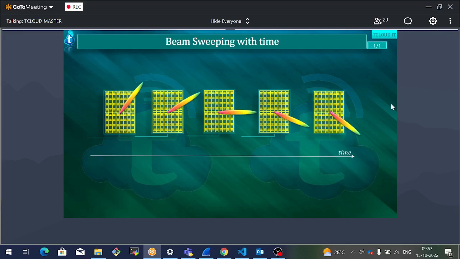So the beam would be sweeping the entire 360 degrees, so that any mobile that is coming up anywhere can read these common channels, which are transmitted in the form of a beam at one particular point in time. You may not be able to read every beam. You would be getting less signal strength from the other beams. For example, when the user is in one particular direction, only that particular beam would be suitable for you, not all the beams.